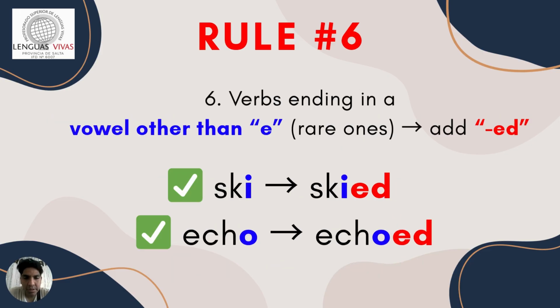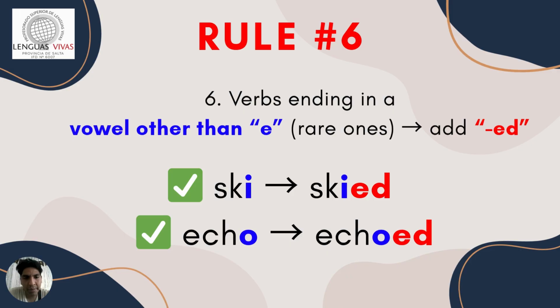For rule number six, this is for verbs that end in a vowel, any vowel other than vowel E. So any vowel that is different from vowel E, you apply this rule. As you can see in the examples, the vowel remains exactly the same, and you have to add at the end of these verbs ed.